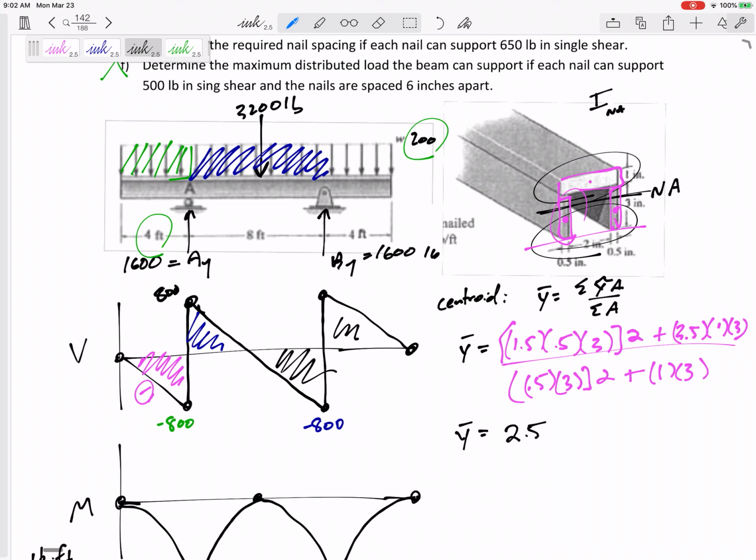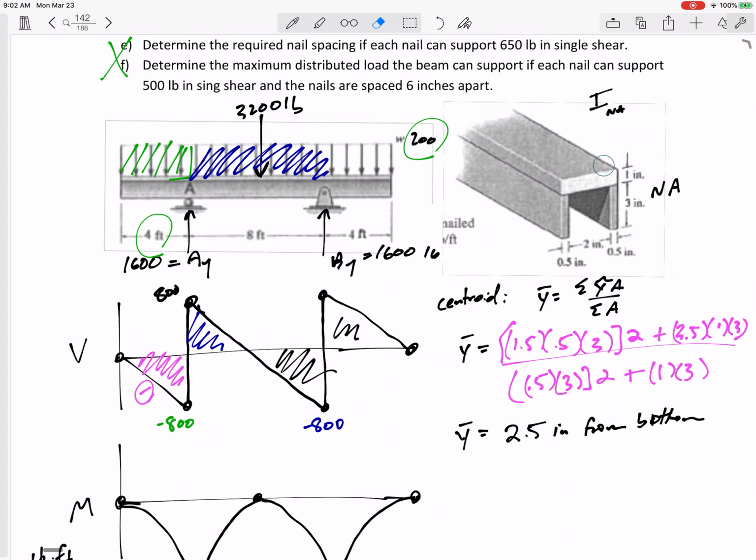It comes out to a nice, even 2.5, measured in inches from the bottom. So that is where my neutral axis is, right here, 2.5 from the bottom. I need to know that for a number of different reasons. Got to know where the neutral axis is.